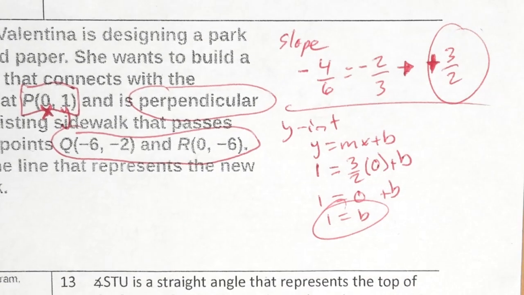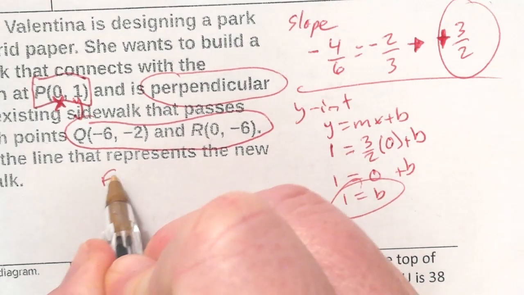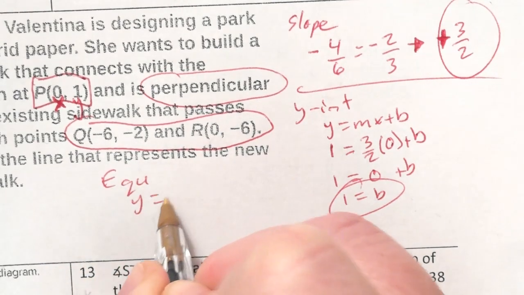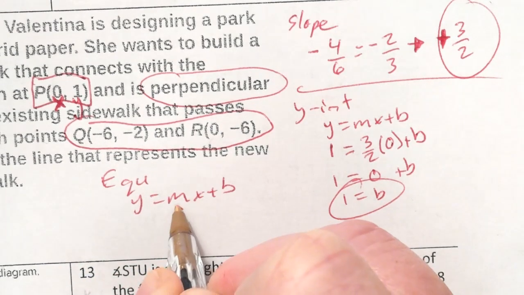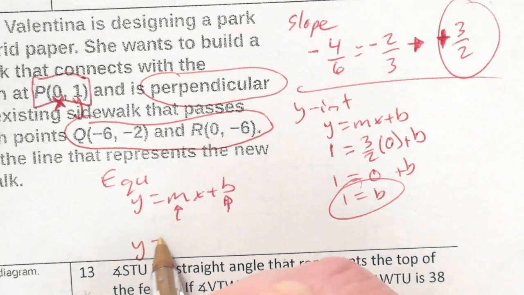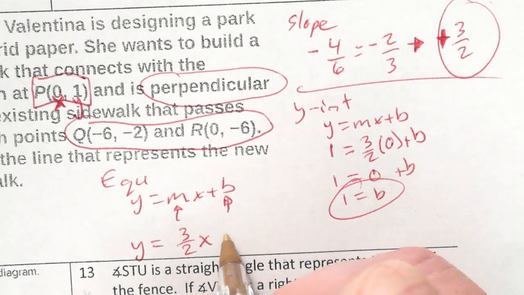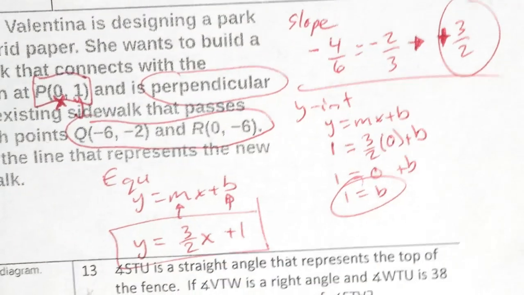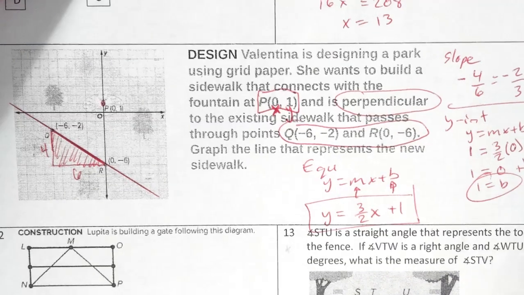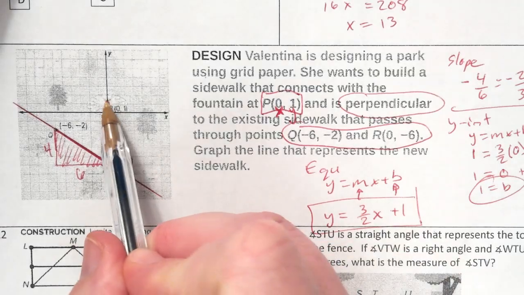Your final step, write down the equation. So y equals mx plus b, where you plug in m and you plug in b. So y equals 3/2 x plus 1. That is your equation.